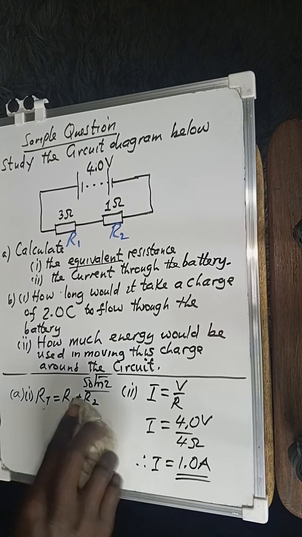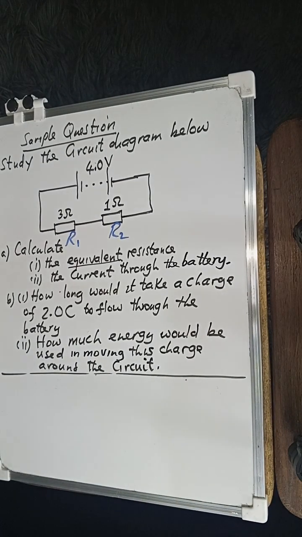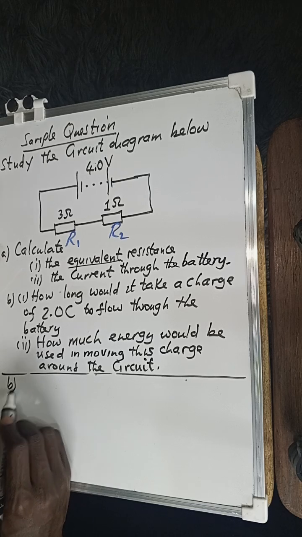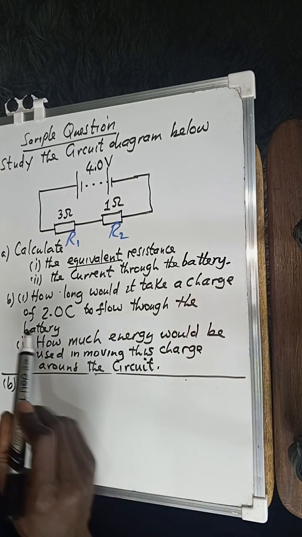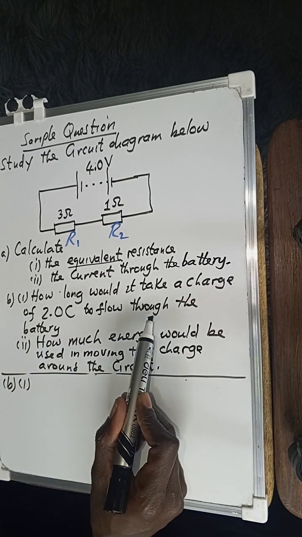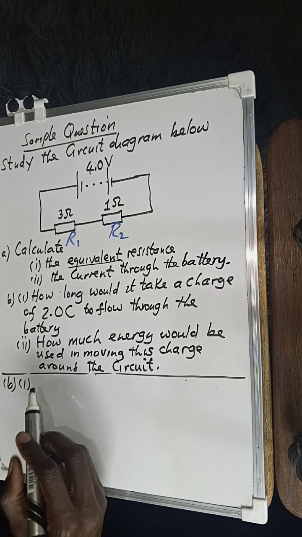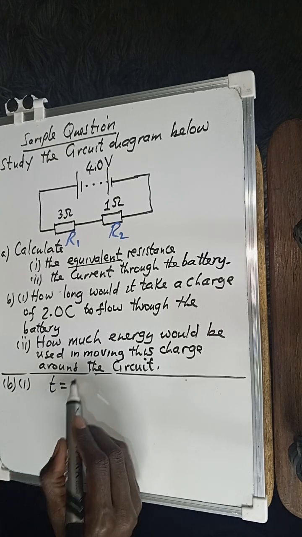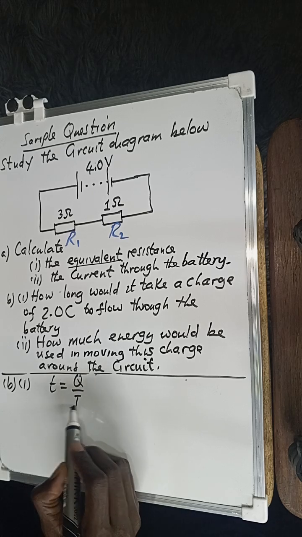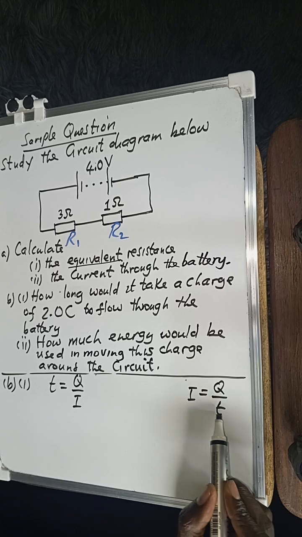Let's move on to the B part. We clear that and try to see how you can tackle that question. B Roman 1 says, how long would it take a charge of 2 coulombs to flow through the battery? So they're asking you for the time. Remember, current is equal to charge divided by time, so time is equal to charge divided by current.